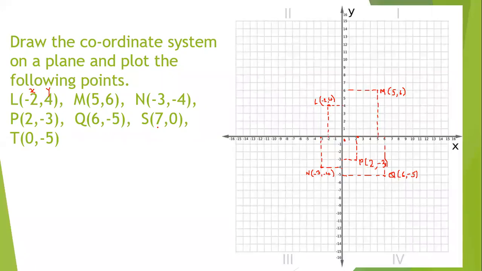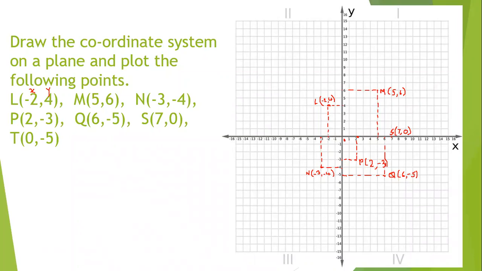The x coordinate is given as 7. So, on the x-axis, we have to search 7. Here it is, right? So I'm just marking over here point S and writing the coordinates in the bracket as (7, 0).